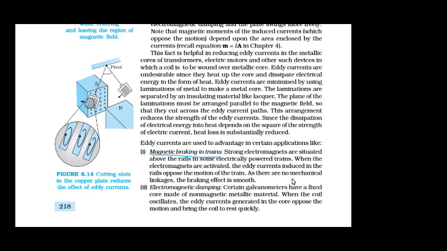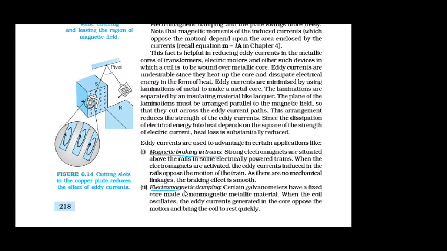As there is no mechanical leakage, the braking effect is smooth. So what happens? Strong electromagnets are situated above the rails in some electrically powered trains. When electromagnets are active, the eddy current induced in the rail opposes the motion of the train. As there are no mechanical leakages, the braking effect is smooth.